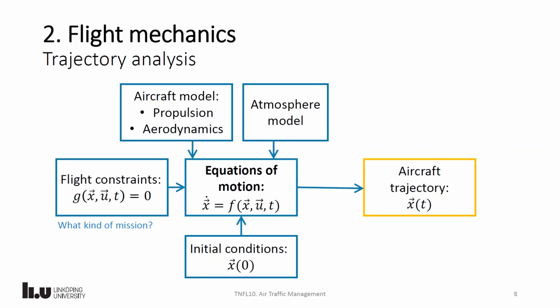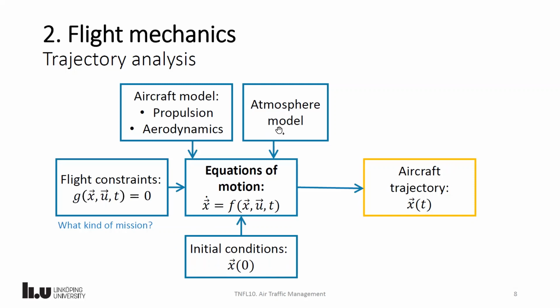If, for example, you are looking at an aircraft that hasn't departed yet, you have to know what the weight of the aircraft is empty, what the weight of the passengers is, the weight of the crew, the weight of the fuel that's being fed into the aircraft. So all of those initial conditions are going to affect the aircraft trajectory.